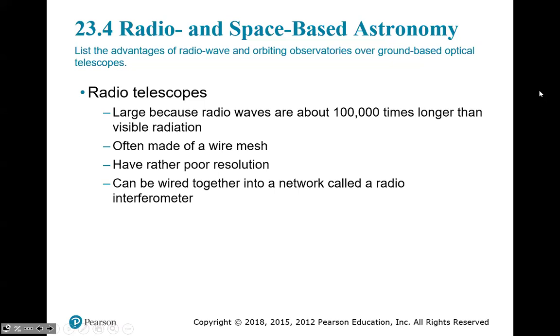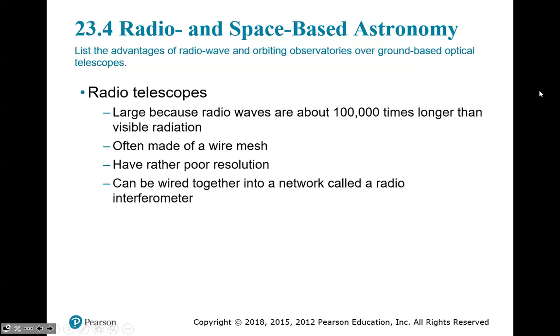Because of the much longer wavelength, they tend to have a rather poor resolution. But we can combine them together into a network called a radio interferometer to act as if they were a larger telescope.